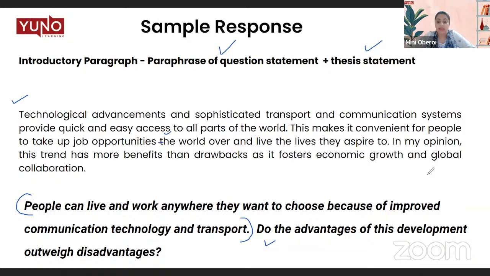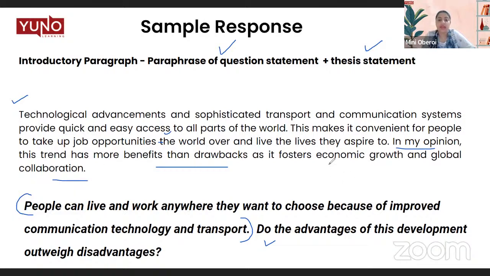So I must give my opinion here. In my opinion, this trend has both benefits and drawbacks, as it fosters economic growth and global collaboration. So this is my view. What are my 2 ideas here? That there are more benefits.